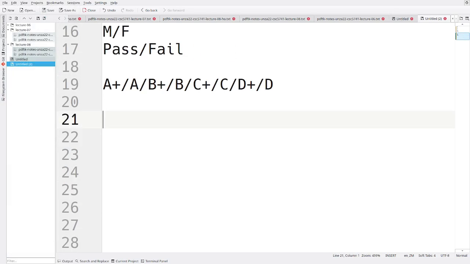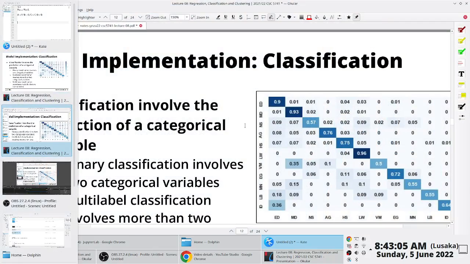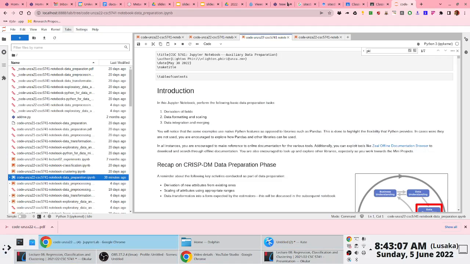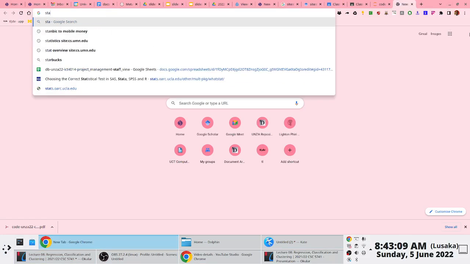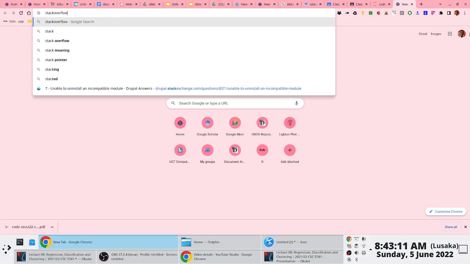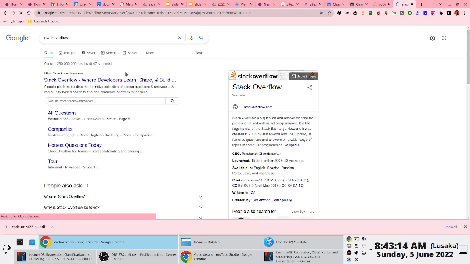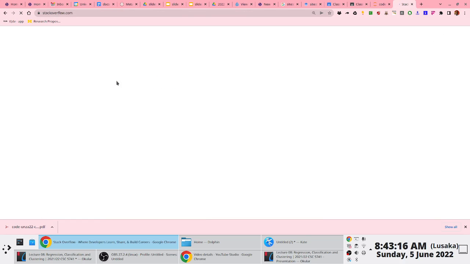And a very classic example that I normally give is if you're looking at text on Stack Overflow, for instance. If you go to Stack Overflow, what you will notice is that the questions would typically be associated with tags.